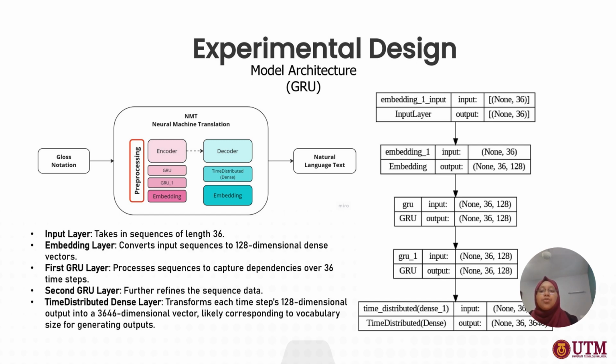And the second GRU layer refines the first output, the sequence data, and the time distributed dense layer transforms each step's 128 dimensional output into a 3646 dimensional vector, which corresponds to the vocabulary size for generating the output.